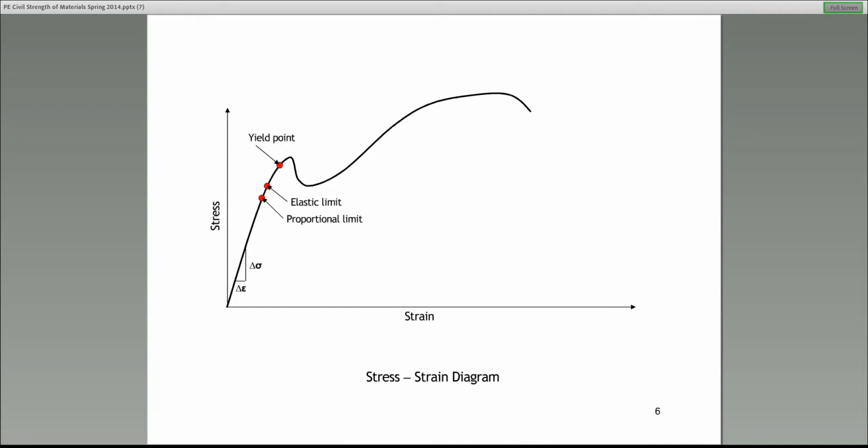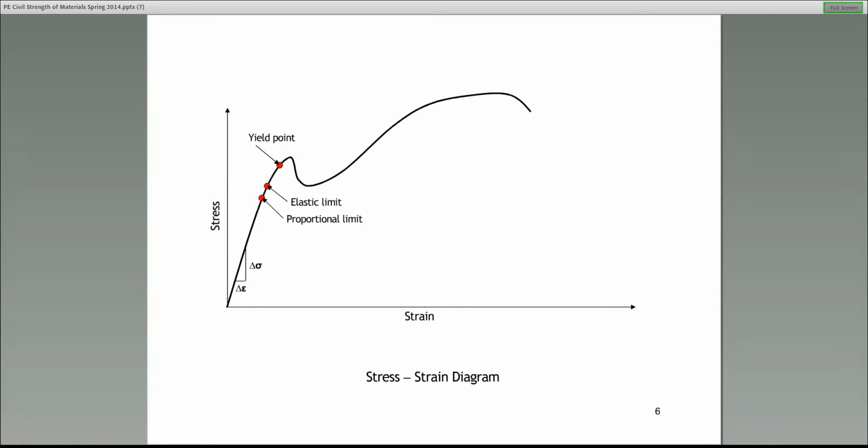Now, the third important point that I want to share with you is called yield point. Approximately, for a ductile material, the location of the yield point is approximately where this double kink occurs.